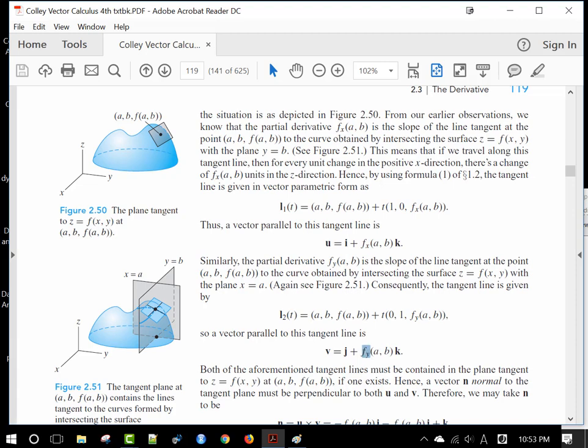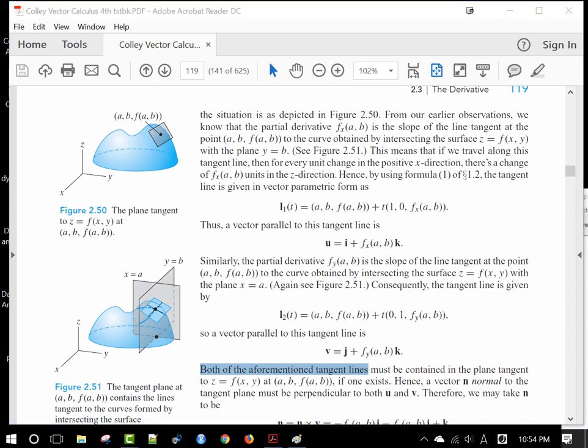Okay, finally, both of the aforementioned tangent lines, this one and this one, must be contained in the plane tangent to z, must be in this plane at this point, if one exists, if there is a tangent plane.